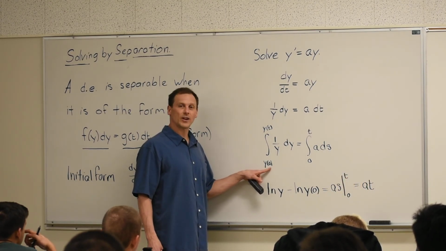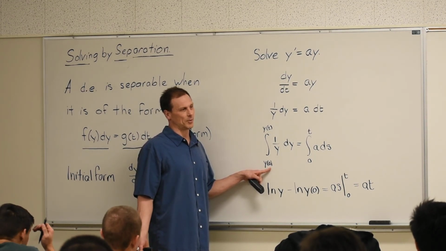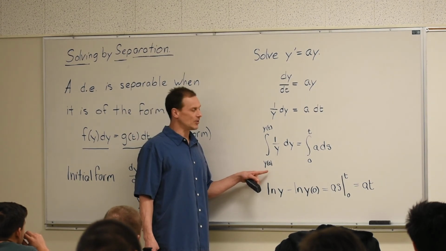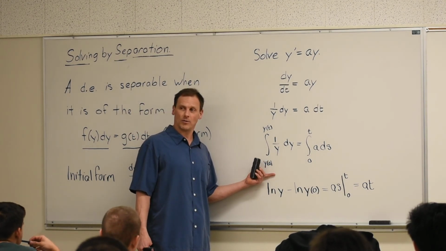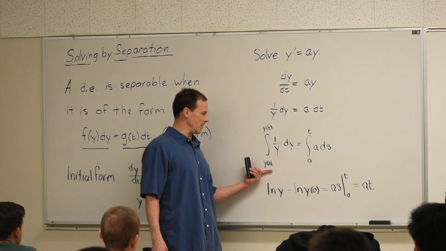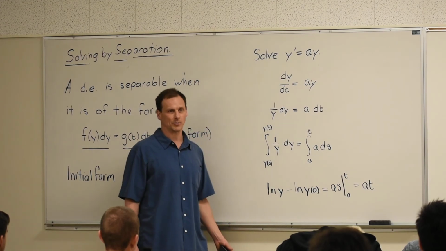Usually you start at y of 0. That's when usually a problem begins. It doesn't have to. Sometimes, just to be interesting, it could be y of 1. And so you could go from y of 1 to y of t and from 1 to t as well. So that's possible to do.